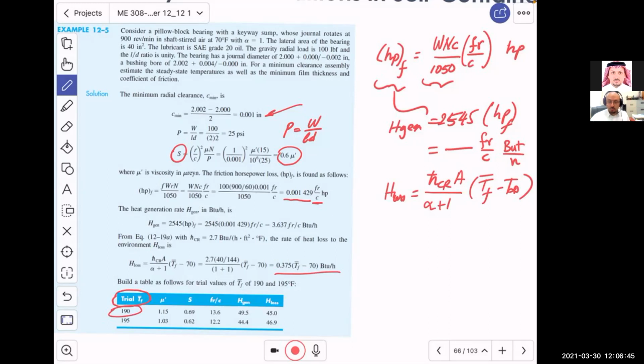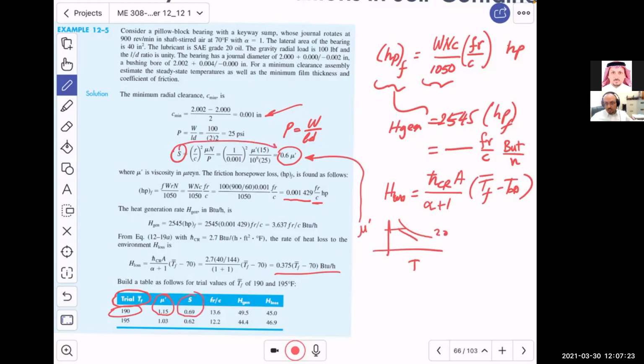Now, once we know the temperature, TF, the temperature of the fluid in there, we can go to the curve, and from oil SAE 20, we can get the viscosity. When we get the viscosity, we apply it in here. When we get the viscosity, remember that the S number is a function of viscosity. There you go, which means you can calculate the S number.